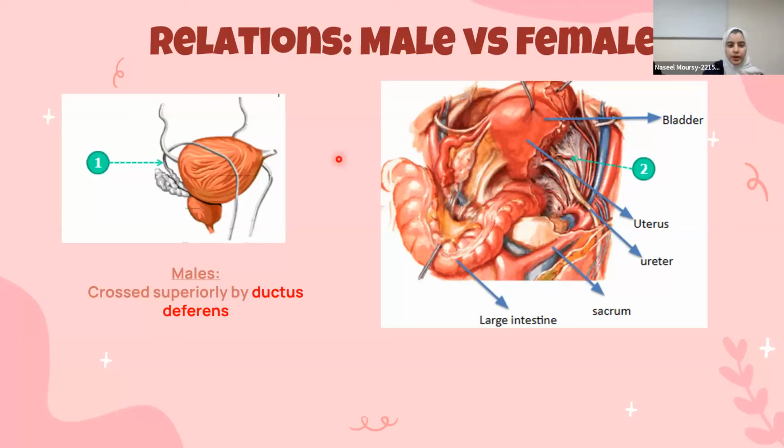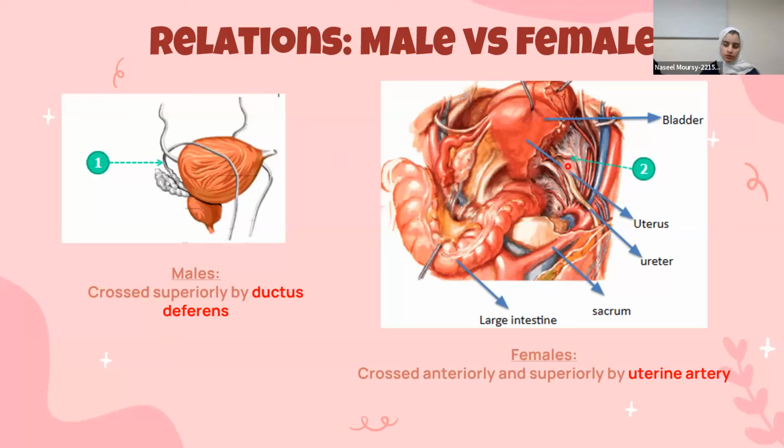Now, this is the female side. Now we see the ureter here, but there's this artery crossing over it. Uterine artery, good job. So yes, it's crossed anteriorly and superiorly by the uterine artery. Now there is some clinical significance regarding this uterine artery being so close to the ureter.